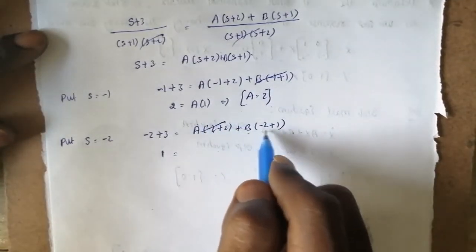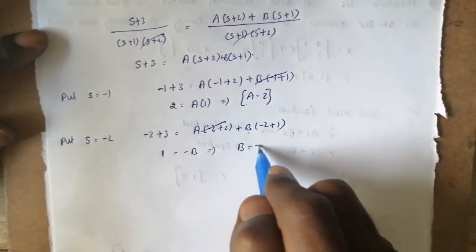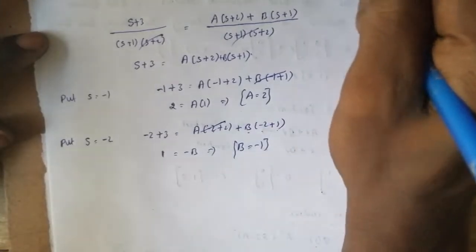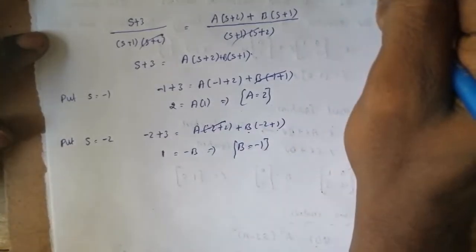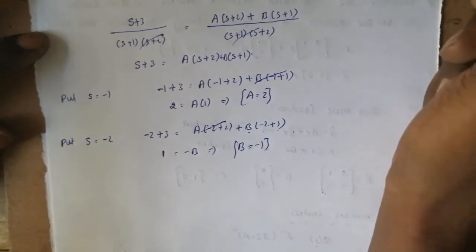B times (minus 2 plus 1) gives minus B. So B equals minus 1. Now this term becomes 2/(s+1) minus 1/(s+2). So this is the first term.